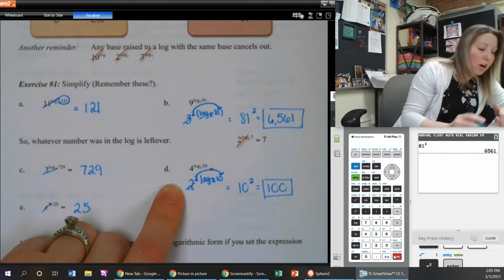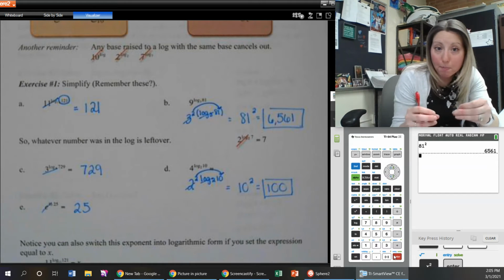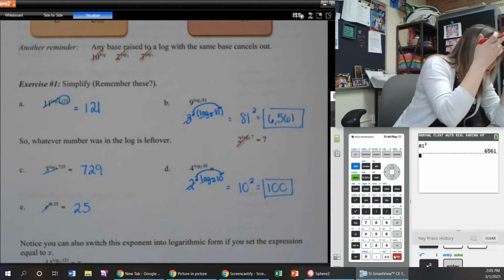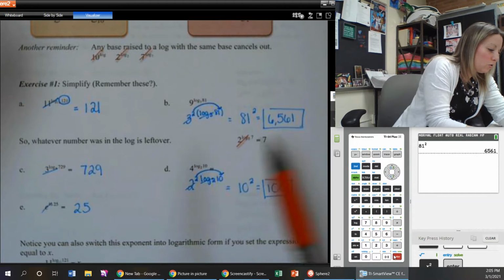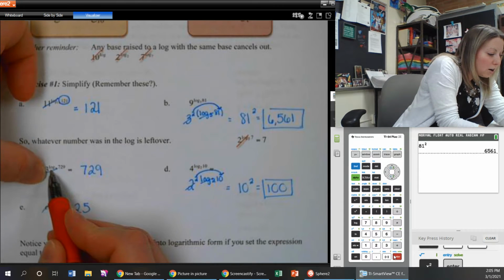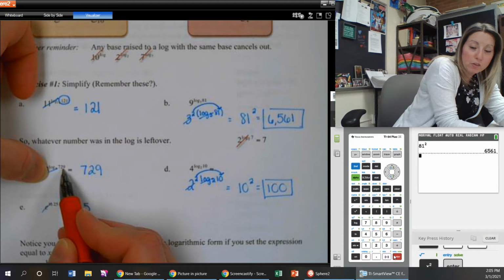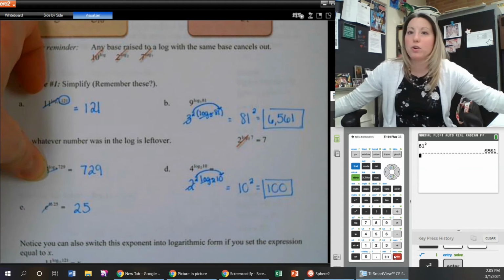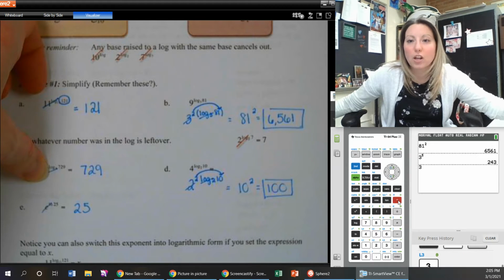Okay? And just to give you the quick reminder of why that happens, let's do this one. This is a pretty good one. Log base 3 to the 729, right? So 3 to the what power gives us 729? Well, that would be, so it's 3 to the 6th. I couldn't remember which one.